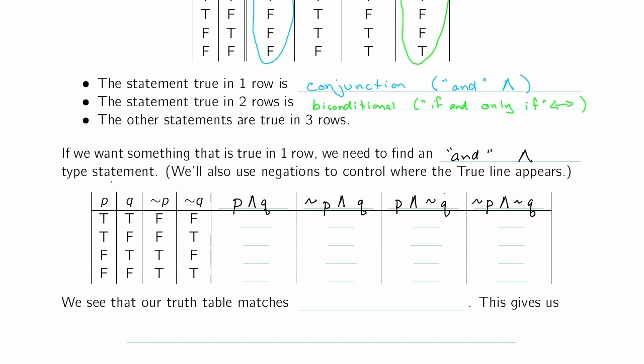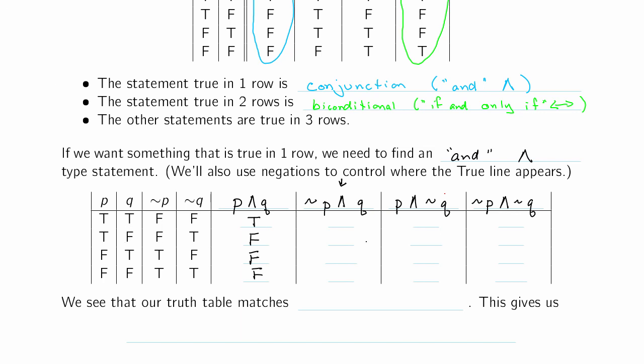So P and Q, we'll want to look at these first two columns. Both statements are true. And then when Q is false, the and statement is false. When P is false, the and statement is false. And when both the statements are false, the and statement is false. So here we got our true in the first row.